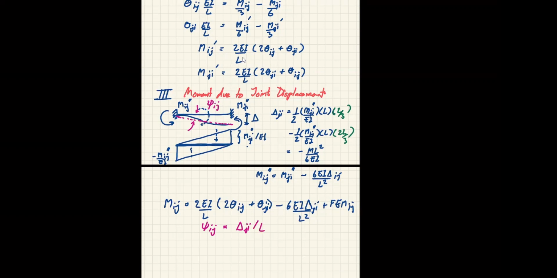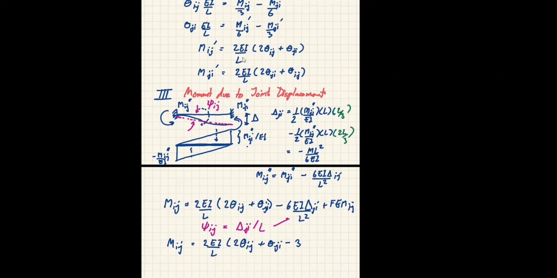When I plug this back in here and rearrange the terms, now I can write this as Mij is going to be equal to 2EI over L, 2 zeta ij plus zeta ji, minus 3EI can come out, and because there's 6, so we got 3 left, and L can come out.